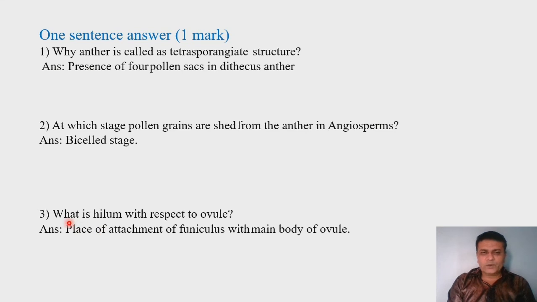Then the next question is, what is hilum with respect to the ovule? Now ovule is present inside the ovary, and ovule after fertilization develops into seed. So most of the angiospermic plants show anatropous, or it is called as inverted ovule.